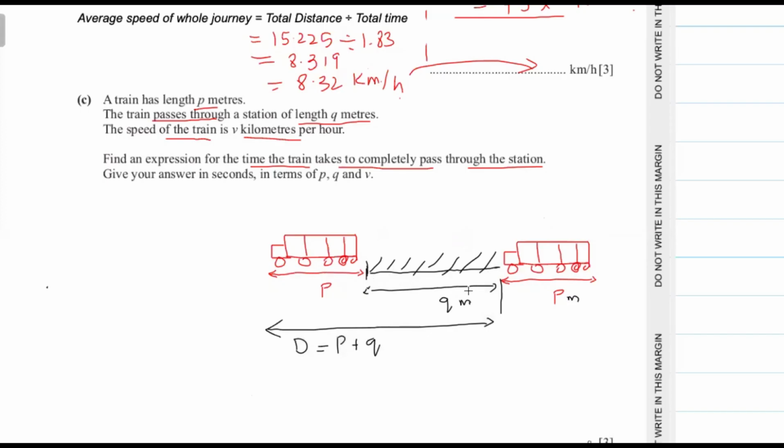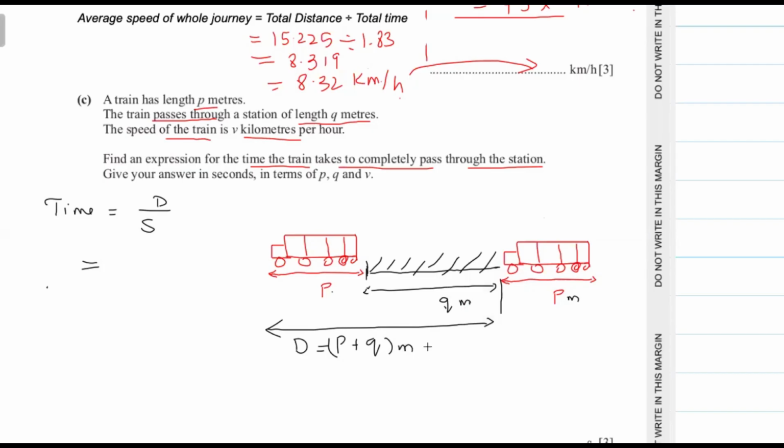Look here, the distance covered by the train when it passed through completely the station will be p plus q meter, and we have to calculate the time taken to complete pass through the station, and this time will be equal to distance over speed. Here the distance given here is p plus q in meter.